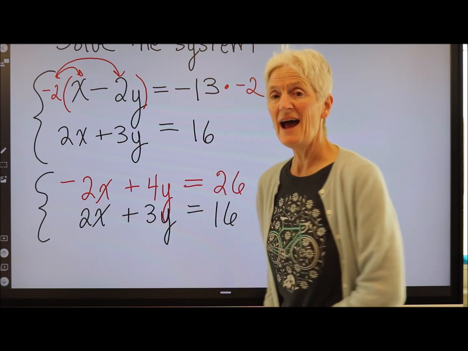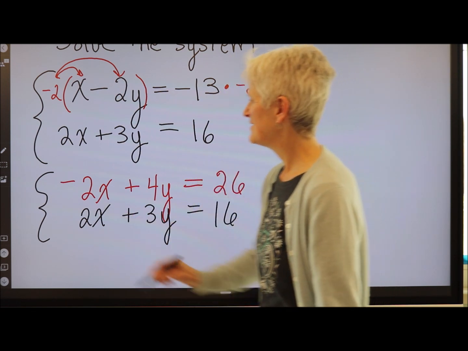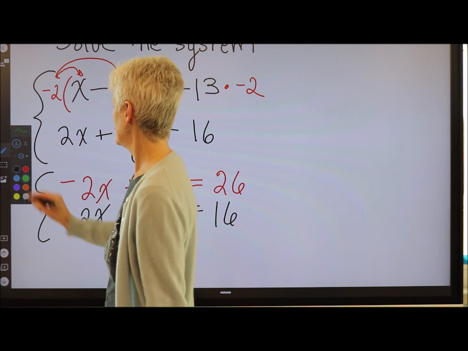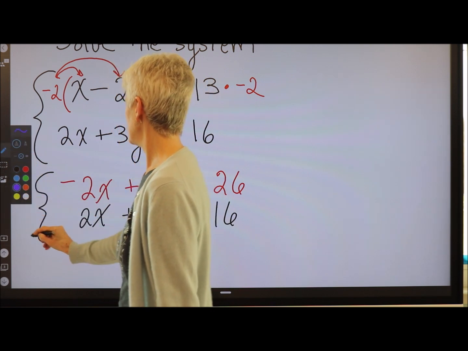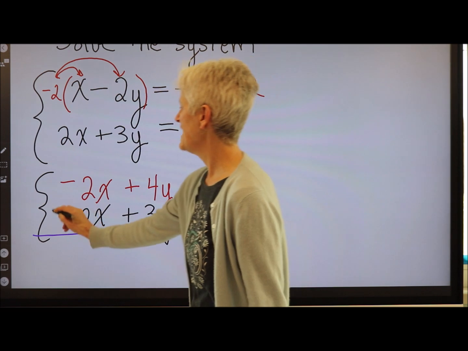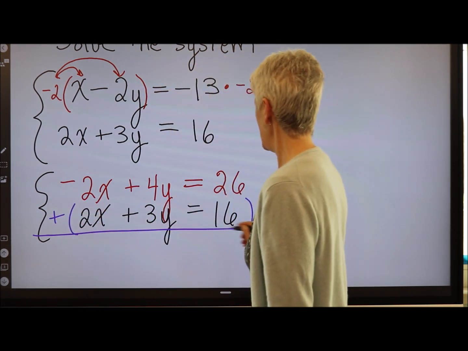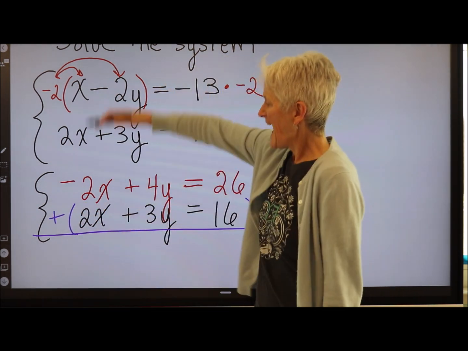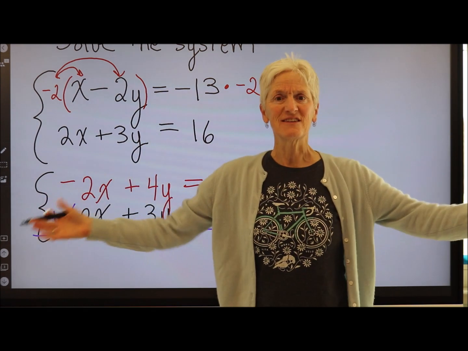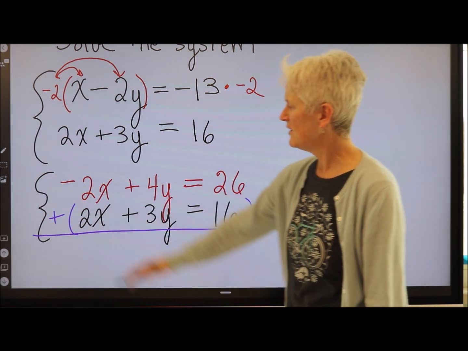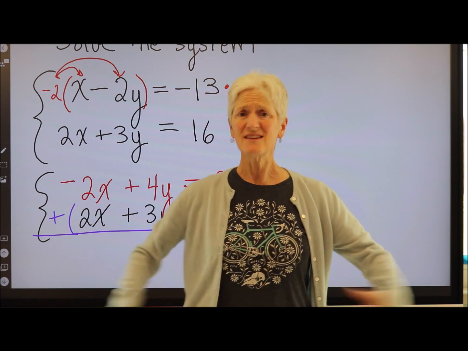Okay, so now, are you looking ahead and seeing what I can do now? Holy cow, this is going to be so cool. I think now I can use my elimination method. When I add up to down, I'm going to be successful in eliminating one of my variables. Negative 2x plus 2x, that's 0.